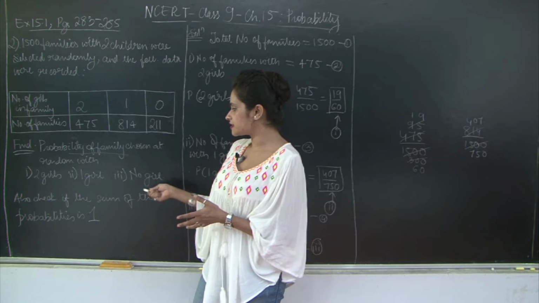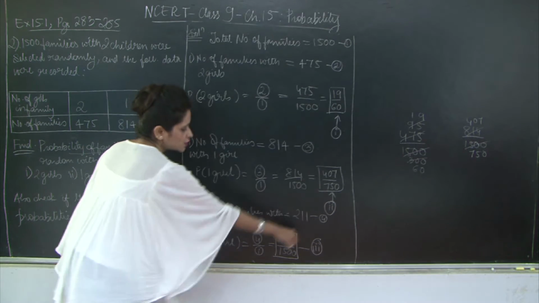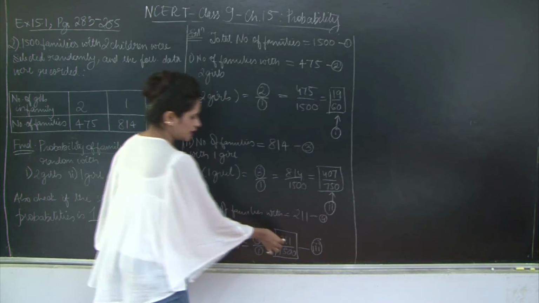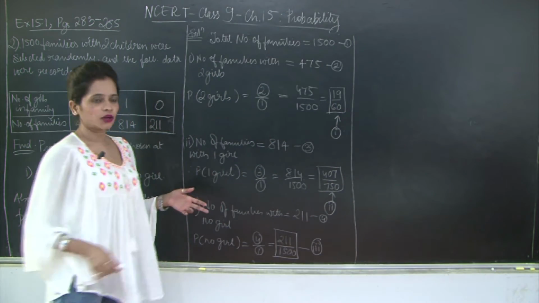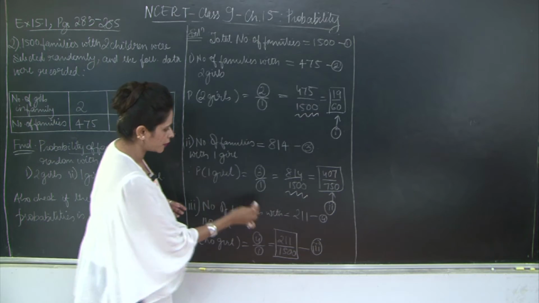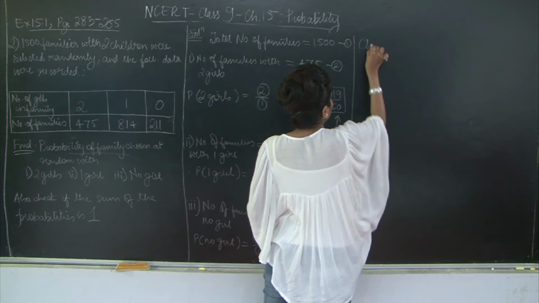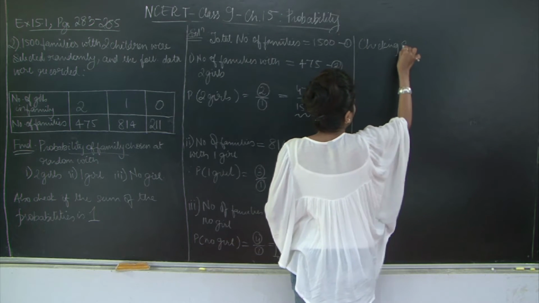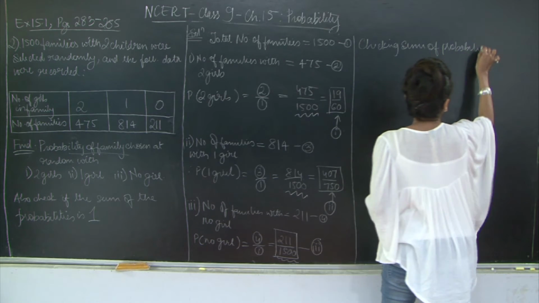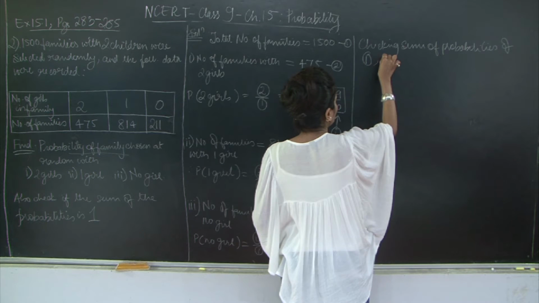Now we need to check if the sum of the probabilities is 1. That means we'll have to take the sum of all the solutions here. But if you see, they have varying denominators. So instead of taking each of these, I'm going to take the ones which have the common denominator 1500. So our calculation will become much simpler. So let's check the sum of probabilities of 1, 2 and 3.